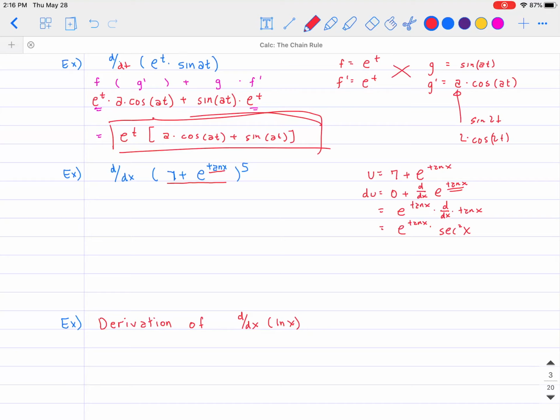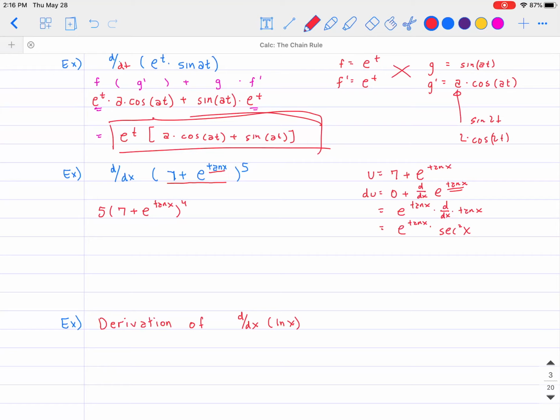Now, let me put it all together so you can see it a little better, because if I break it down piece by piece, it might be a little bit too hard to see. So here's the final answer in this case. First, the outermost function is something to the fifth power. So if I have something to the fifth power, its derivative is 5 multiplied by 7 plus e to the tangent of x, raised to the fourth.